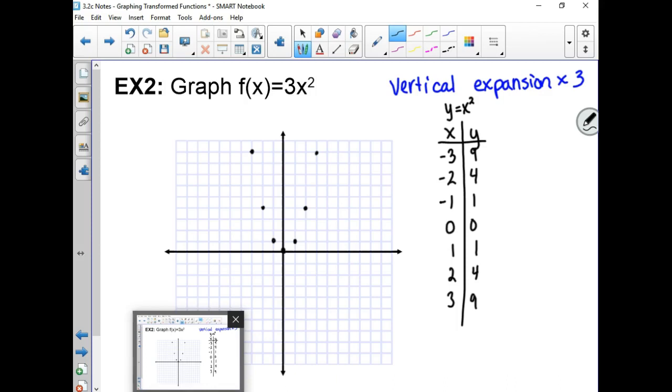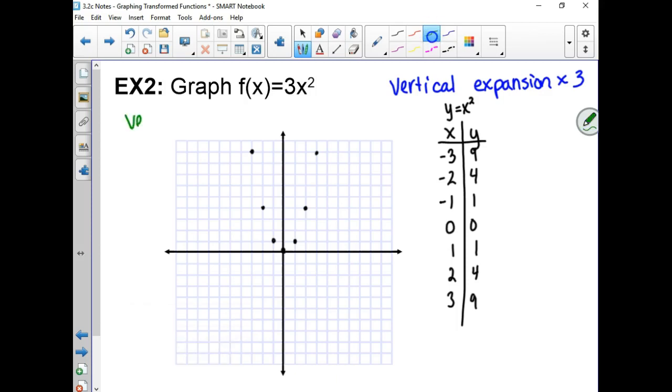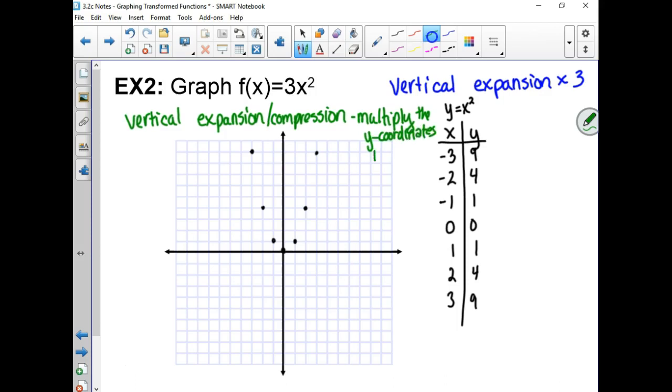So for a vertical, let's put this over to the side. For vertical expansion or compression, multiply the y coordinates by the factor.